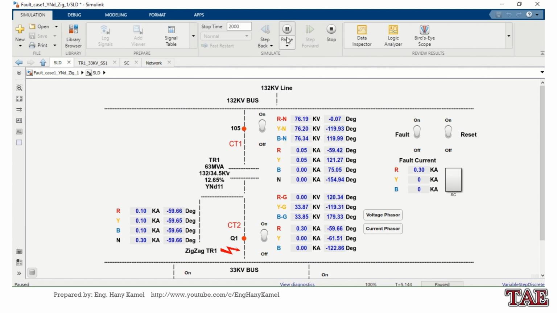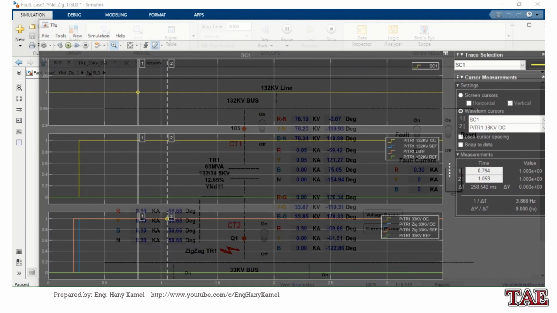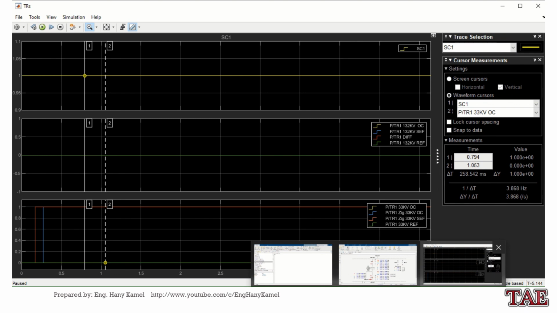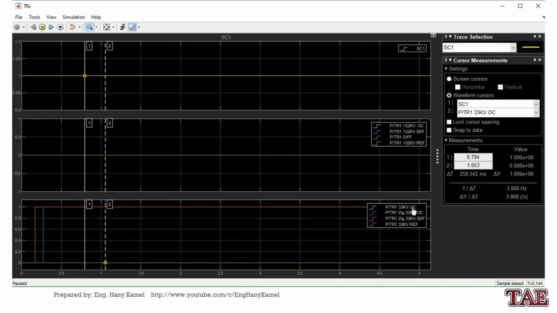So let's see which protection operated. Sensitive earth fault and overcurrent for the zigzag transformer operated, but overcurrent for 33 kV of our 63 MVA transformer didn't work.